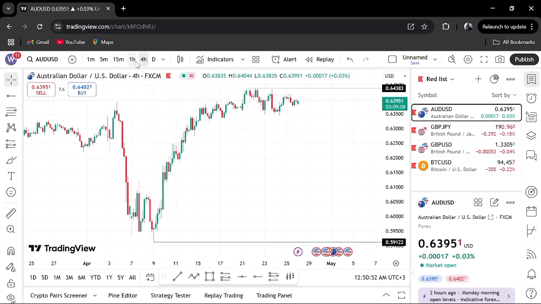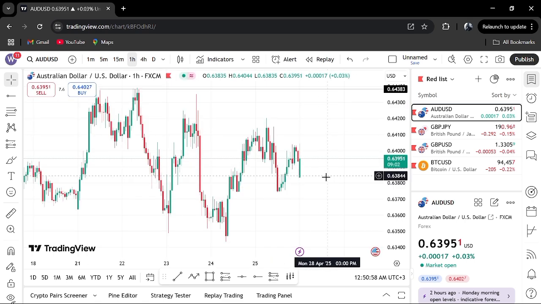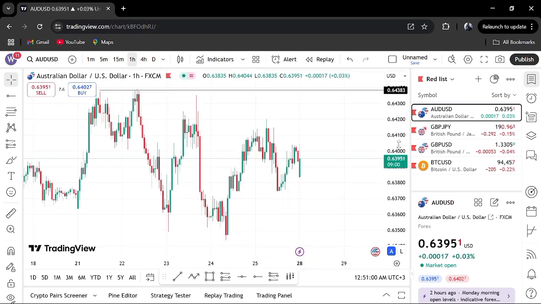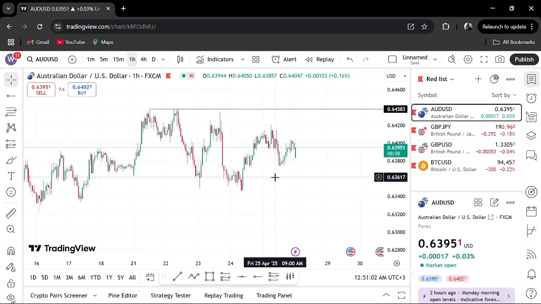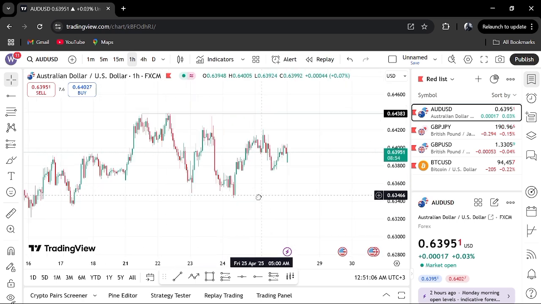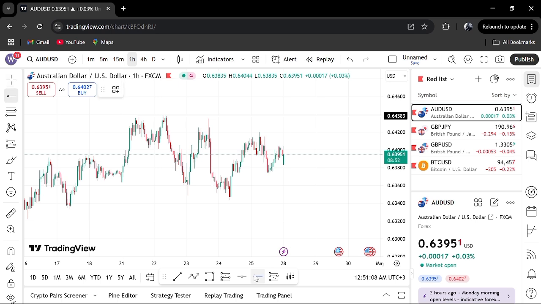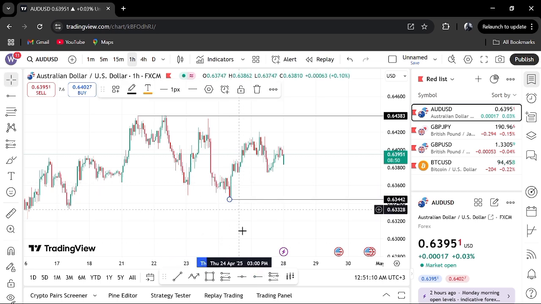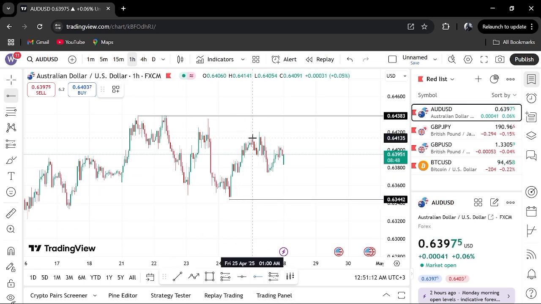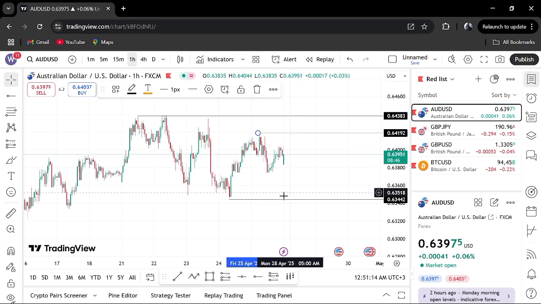We go to the 1 hour time frame and see what's going on. In the 1 hour time frame, the market has been consolidating since Monday last week. So we are going to put our levels here to see where the market is going next.